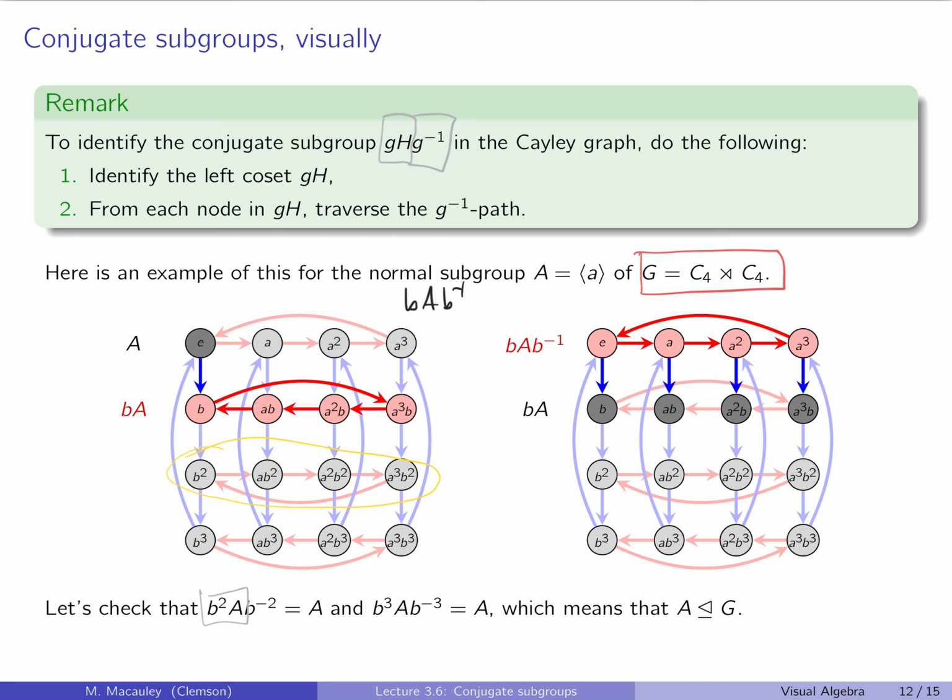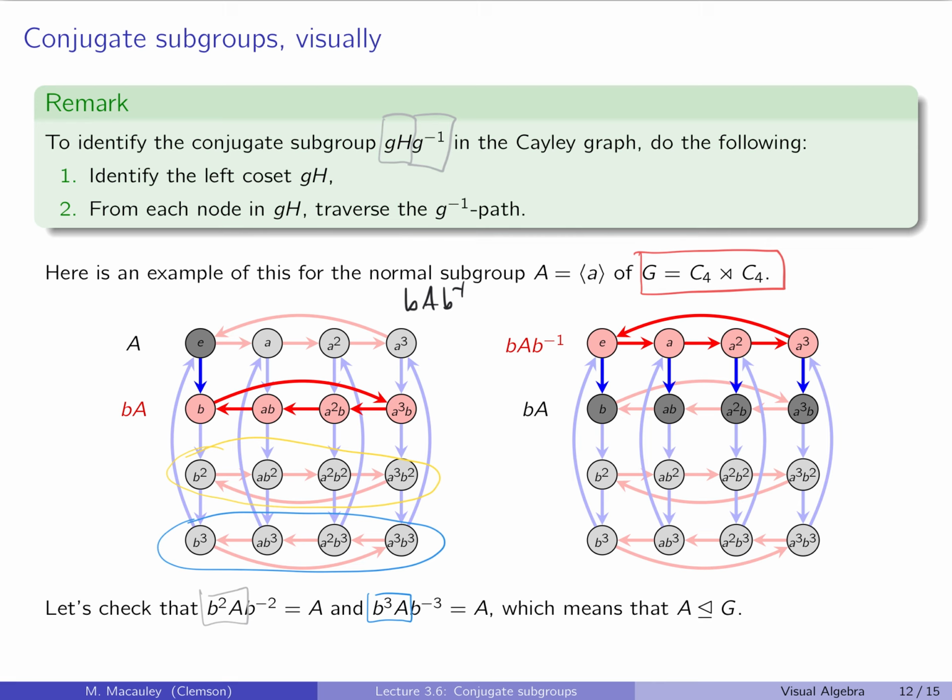So indeed, we end up back at A. And then finally, b cubed a b minus 3. So b cubed a, that is this coset. And then let's follow b minus 3, which is just the forward blue arrow from each of these, and that takes us back to where we started, which is the subgroup A.